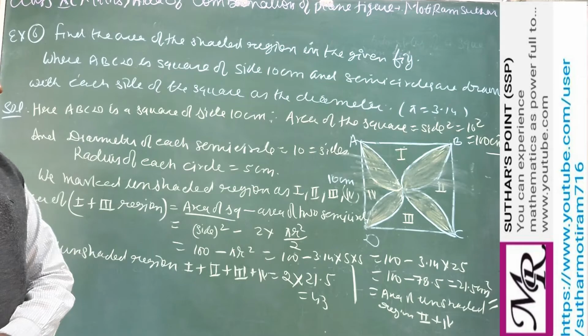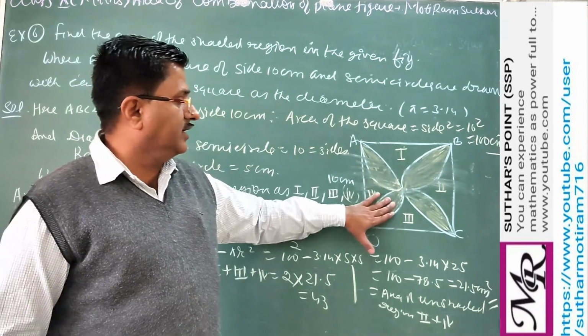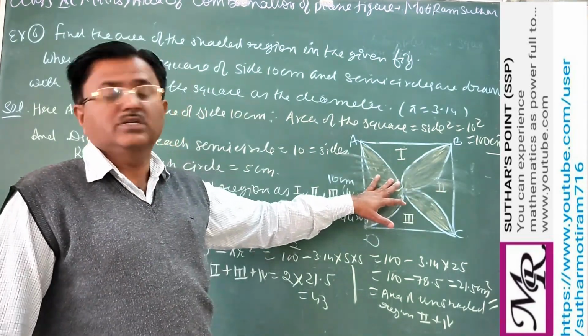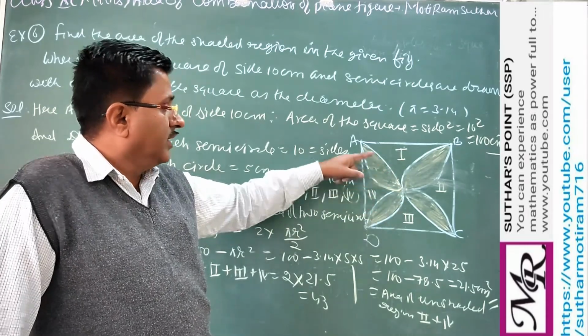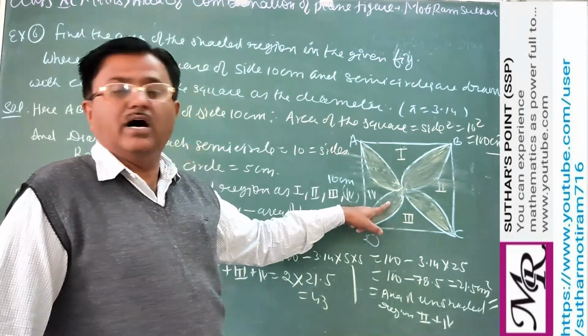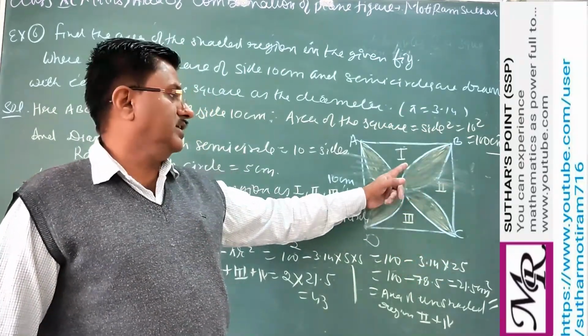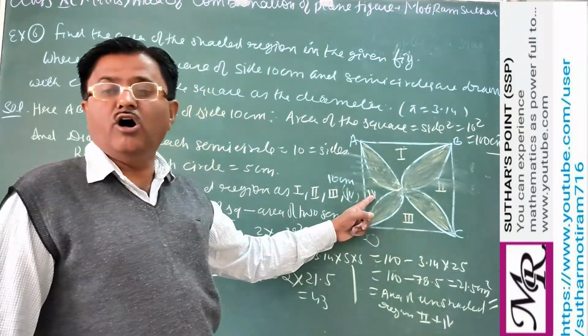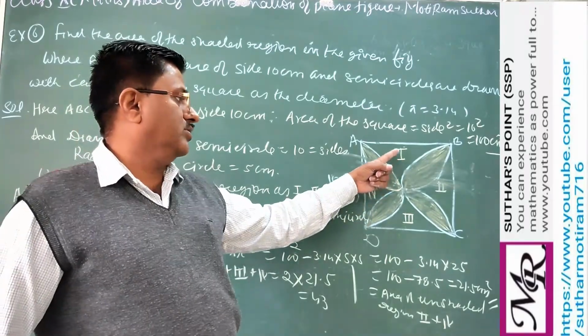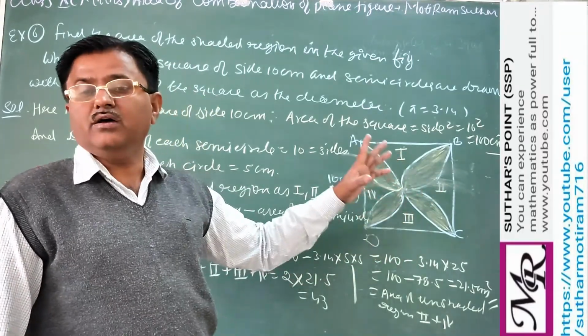Now we want to find the required area, that is the area of the shaded region. So here again you see this figure. Area of the shaded region is equal to area of the square minus area of the unshaded part, or area marked with 1, 2, 3 and 4.